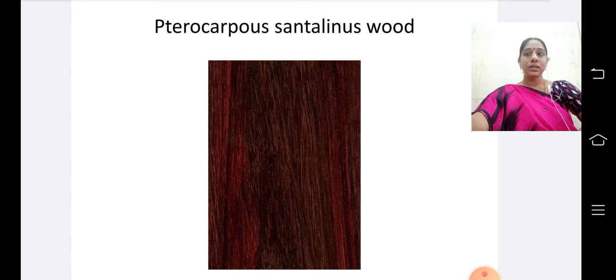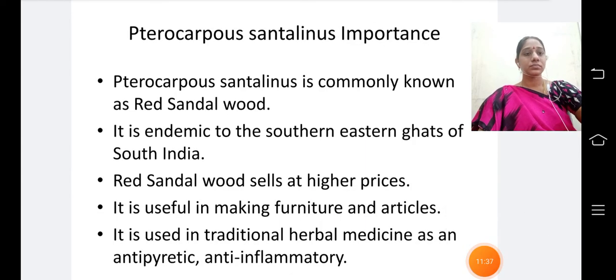Sapwood is white in color, and heartwood is orange to red to almost black in color. Pterocarpus santalinus is commonly known as red sandalwood. It is endemic to the southern Eastern Ghats of South India.